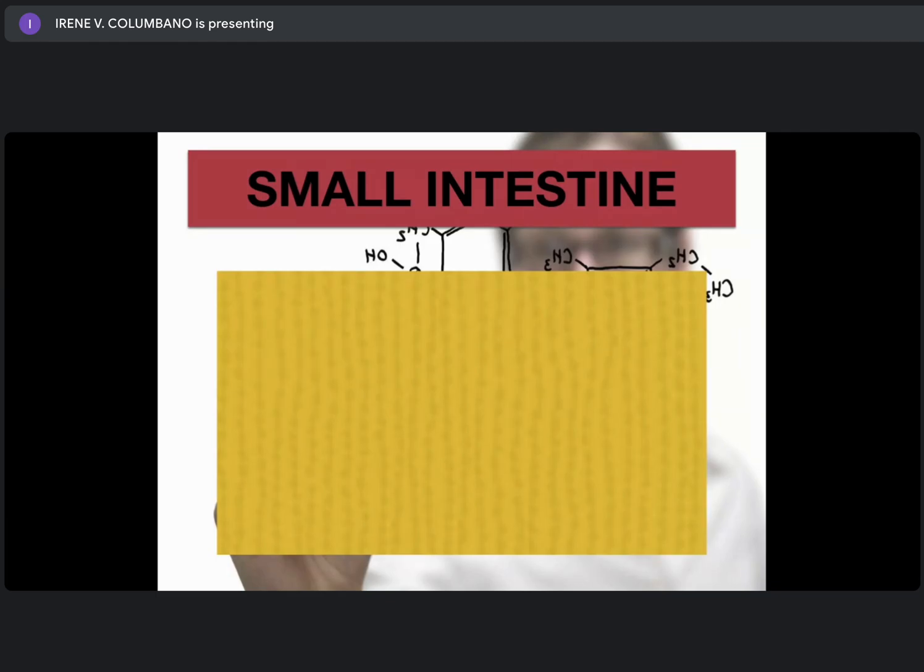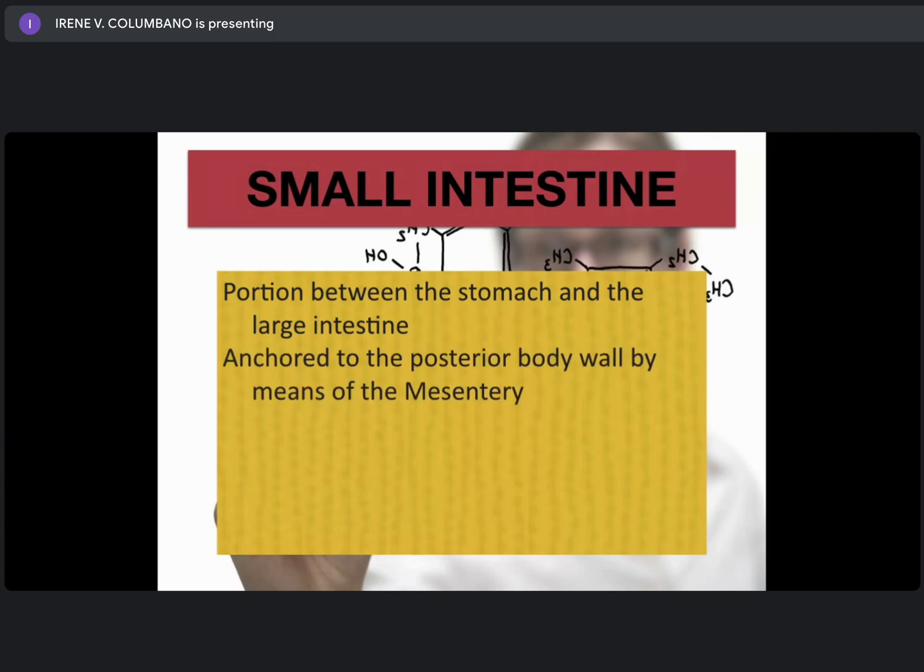O, diretso na natin. So, portion between stomach and the large intestine. Saan natin nakikita sa abdomen ang small intestine and large intestine? Anong quadrant, no? So, dahil mahaba ito, almost all of the quadrants, we can look for the small intestine, no?